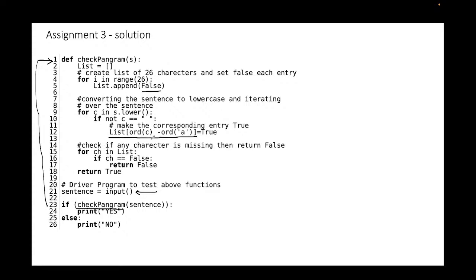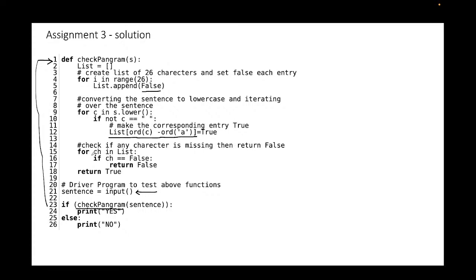So the letters we are encountering, all of them are converted into true. We should encounter all these letters, and only then will they all be converted to true. The letter which is not found in the sentence will remain false. So we are checking if any character is missing, and then the function should return false.